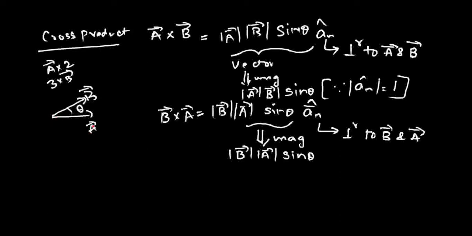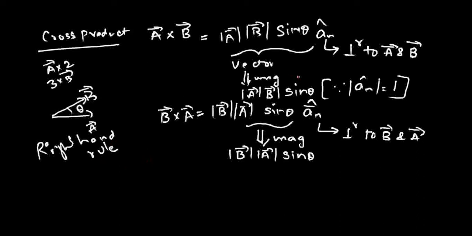If the thumb is projecting inside, take it as negative. In the first case, purposefully I took this example in such a way that when you curl the fingers of your right hand from A bar to B bar, because the first vector is A bar and the second vector is B bar, your thumb will be projecting upward. You can experiment yourself. This is called the right hand rule.